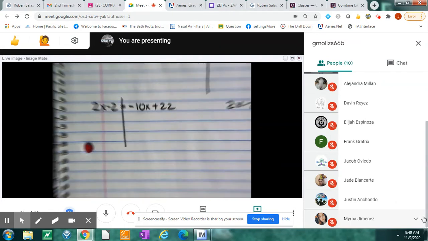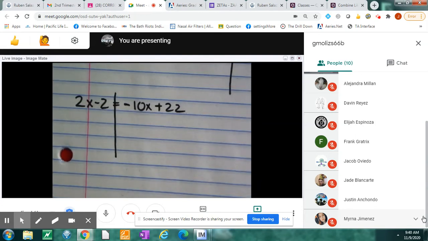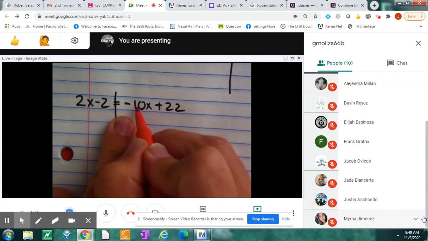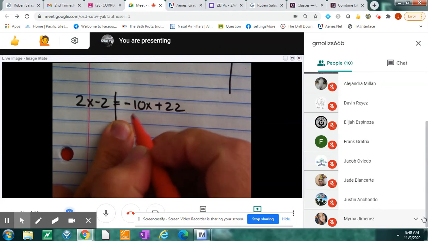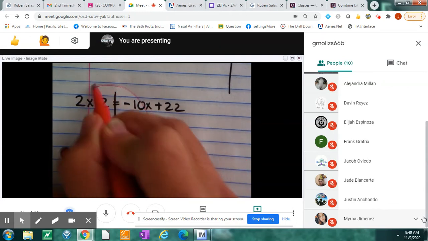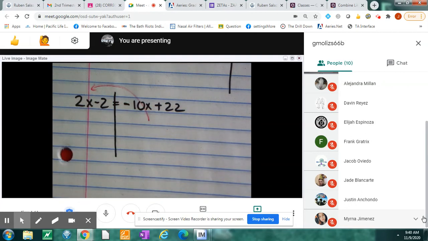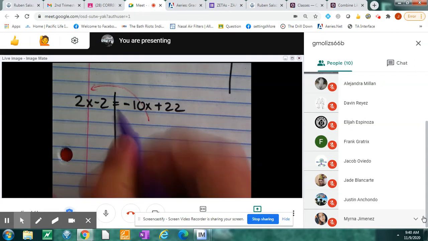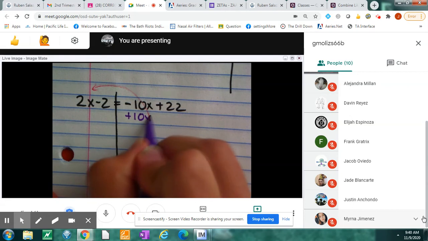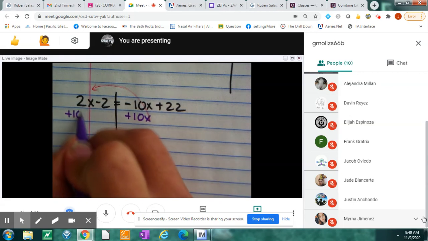So which one do you want to pick? Let's pick the -10x. All right. So to get rid of it, make it a 0, make it gone, I'm going to throw it to the other side. I'm going to have to add 10x to both sides.